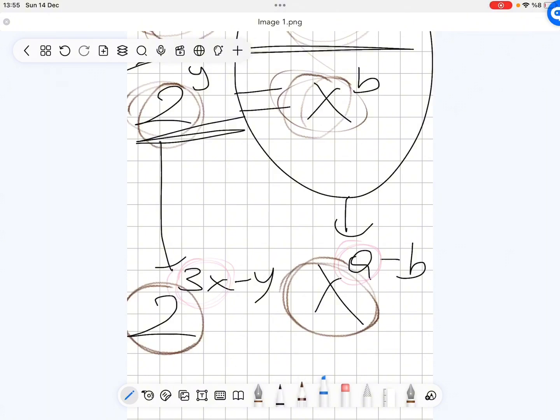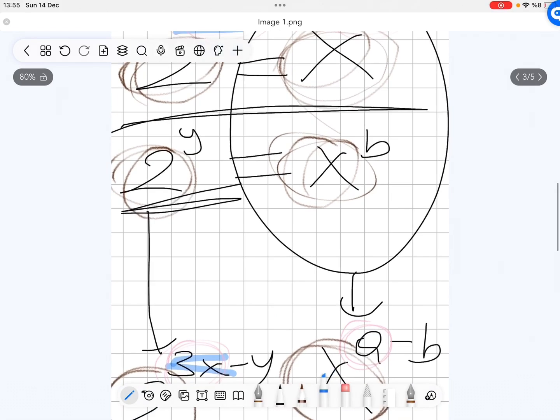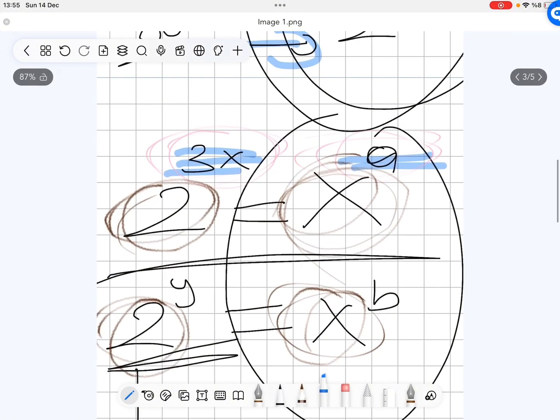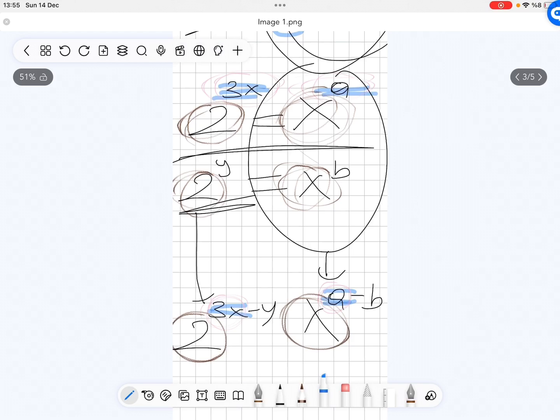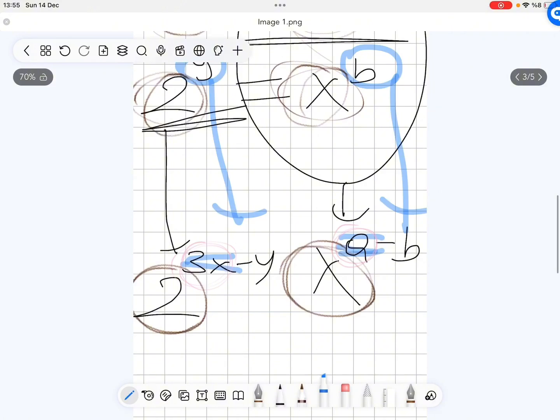And 3x never changes. A never changes. Whatever you call it, A, B, C, D, it doesn't change a bit if it's on the upper side. And if we go to the y and b, it goes like this: 3x minus y, x to the power of a minus b.